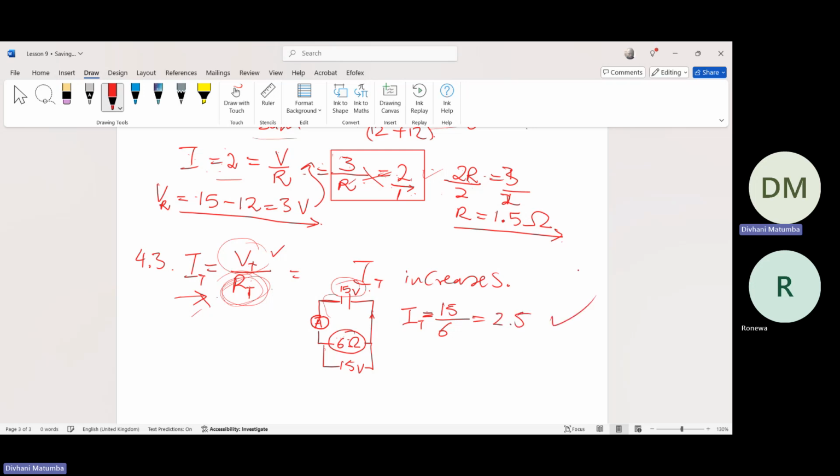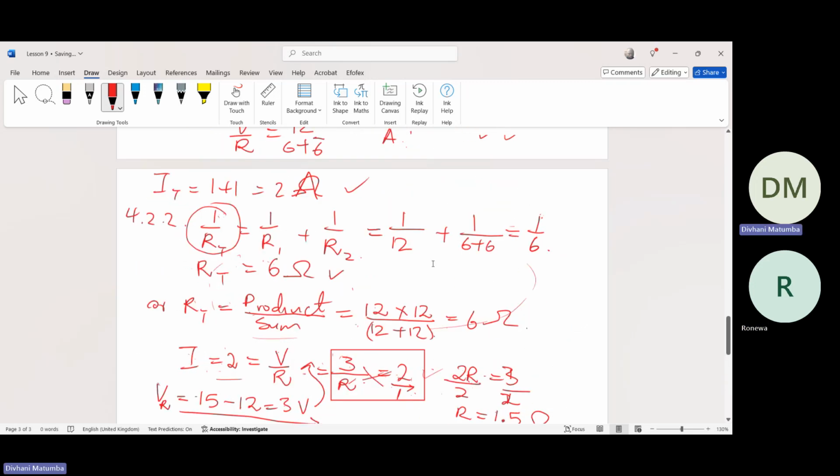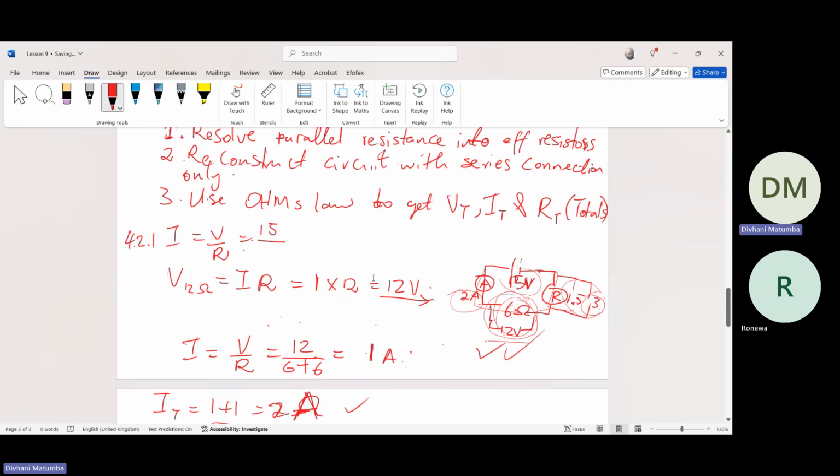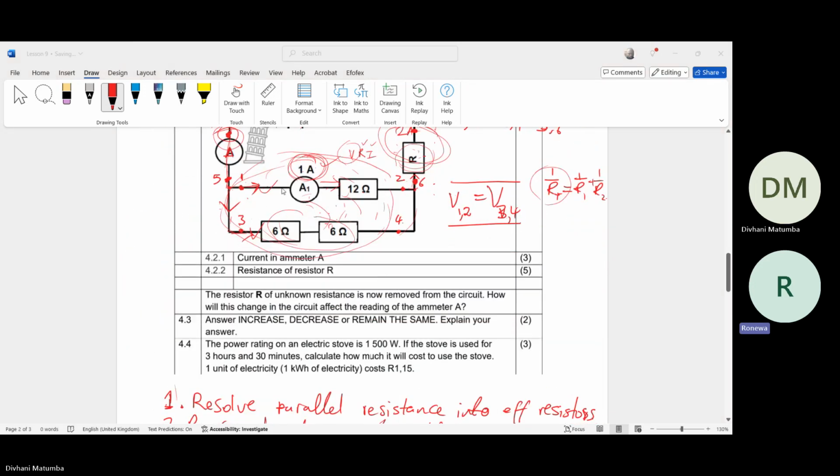Is it an increase or a decrease? It's an increase, because our initial current was 1. You remember? Yes. Okay, perfect.